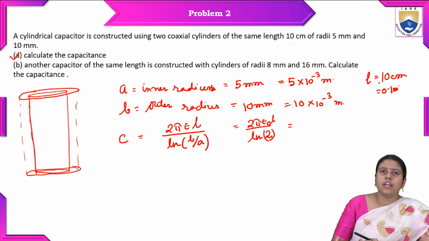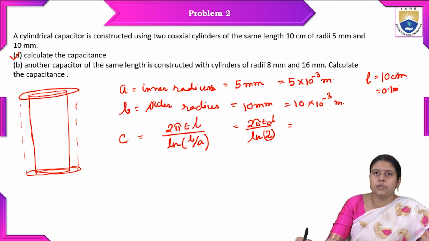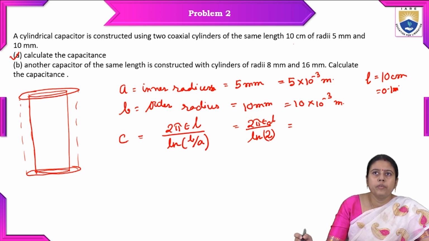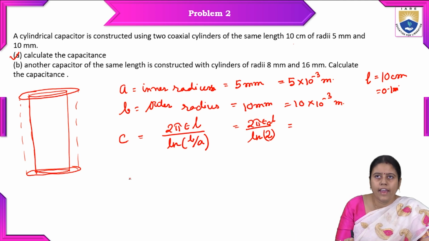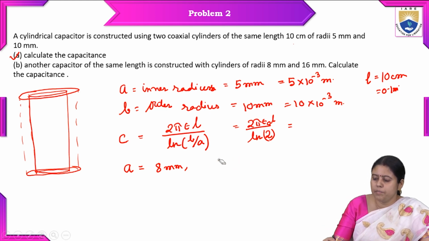If we go for the second case, another capacitor of the same length, L is equal to 10 centimeter, with cylinder radii 8 millimeter and 16 millimeter. So the inner radius is 8 millimeter and the outer radius B is 16 millimeter.